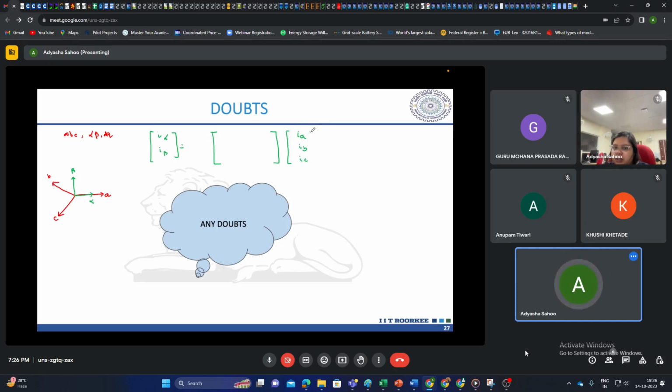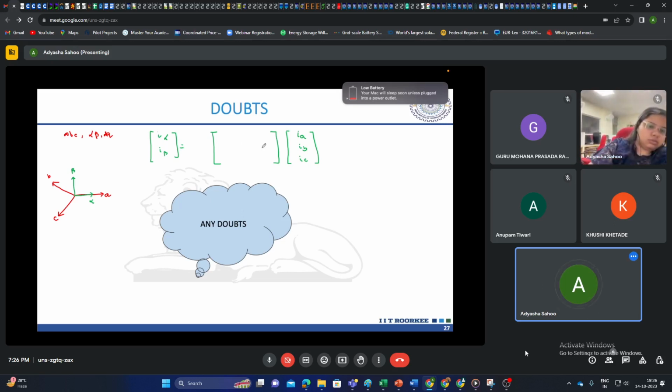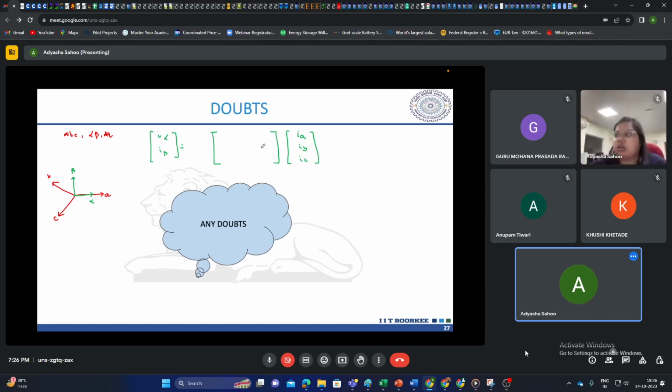If you see, this alpha axis is exactly coinciding with the axis of A phasor.